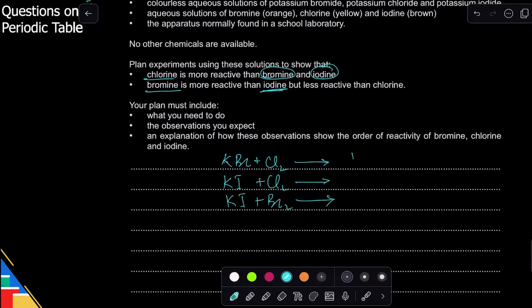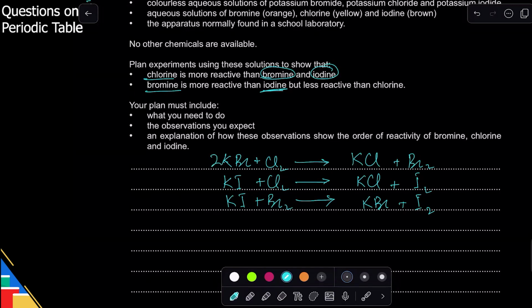So now what will happen? KCl plus Br2. And what happens next? This will take its place. So KCl plus iodine plus here it will displace itself. So KBr plus iodine. At this point, I don't expect you to be able to write all the formulas or equations correctly. So that's perfectly fine. The main thing that you should be able to show is the color changes.